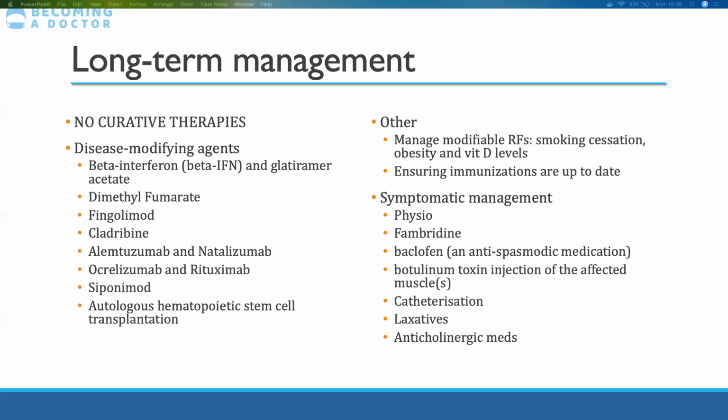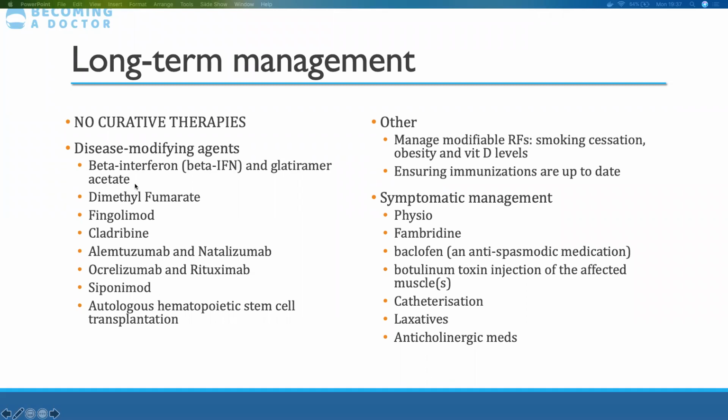With the long-term management, unfortunately, there are currently no therapies which can cure MS. However, there are loads of disease-modifying agents, and these are the most common examples that I've included over here. The first one, beta interferon and glatiramer acetate, these are known as your injectables.